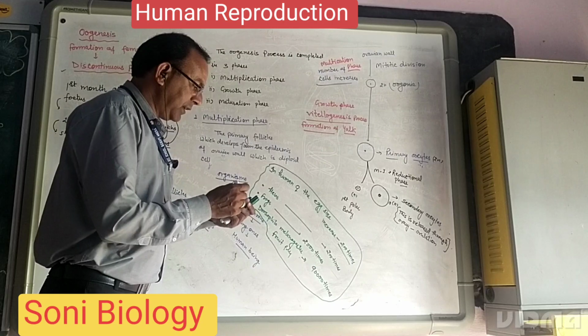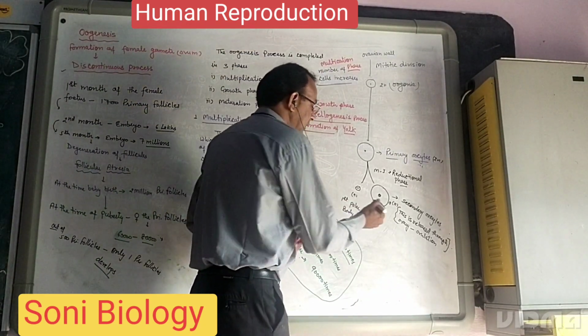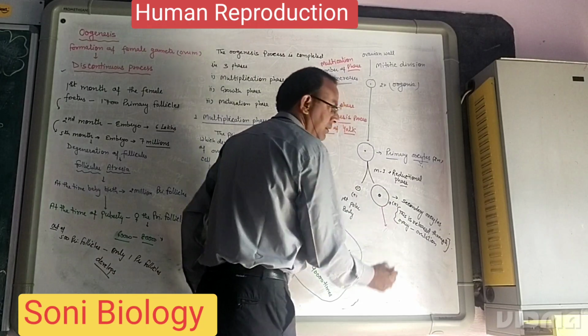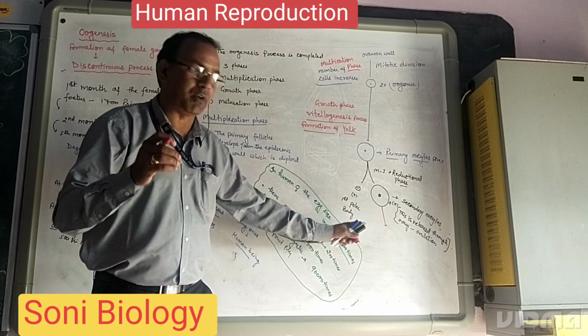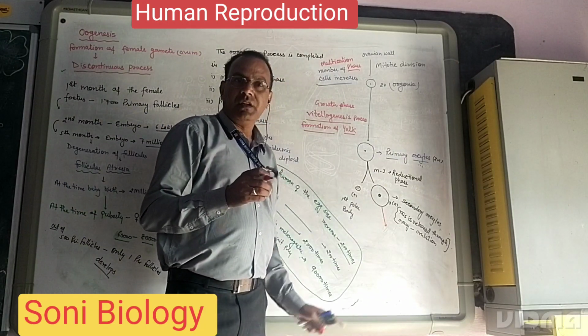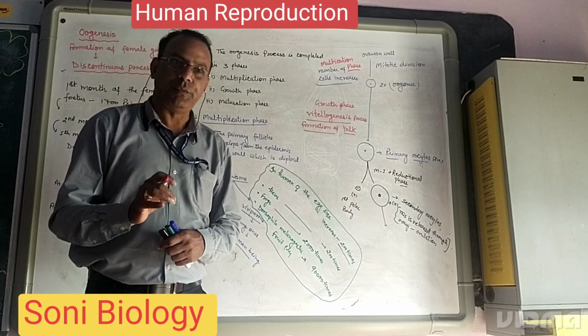Clear? After ovulation, if this cell gets a sperm, if the sperm triggers this cell, through the entry of the sperm into the cell, another division can take place, that is called meiosis 2.